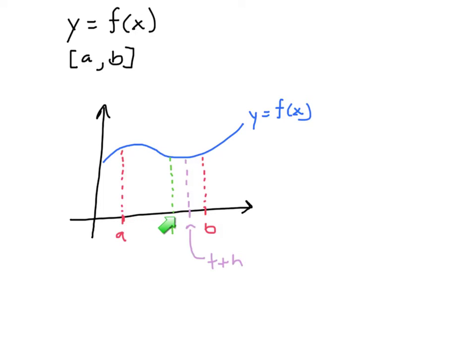So if I'm sitting at t and I slide it to the right just a little bit, say t to the location t plus h, we can find this area here from a all the way to t plus h. So that would be all of this stuff going all the way over to the purple line.